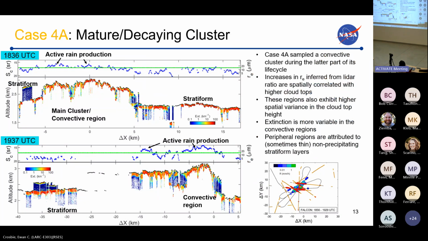This is maybe a good way of looking at it. I think this is the area on the right that's labeled stratiform. That had a distinctly different appearance, but you can see that at least in parts of it the extinction is fairly high. In fact, the region basically under where it says stratiform in the top plot is attenuating only about 50 meters into the cloud.